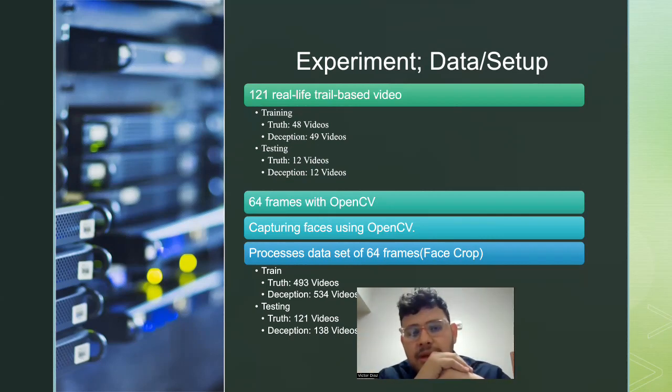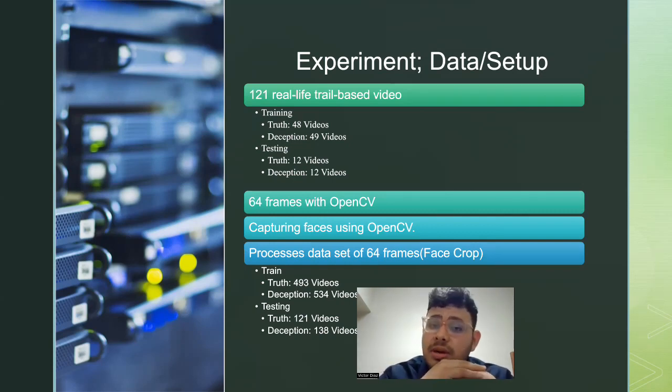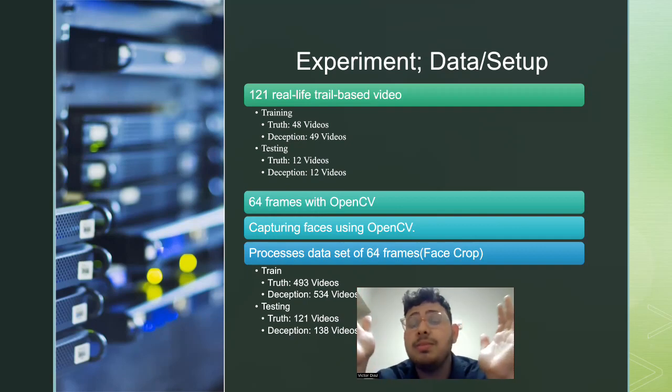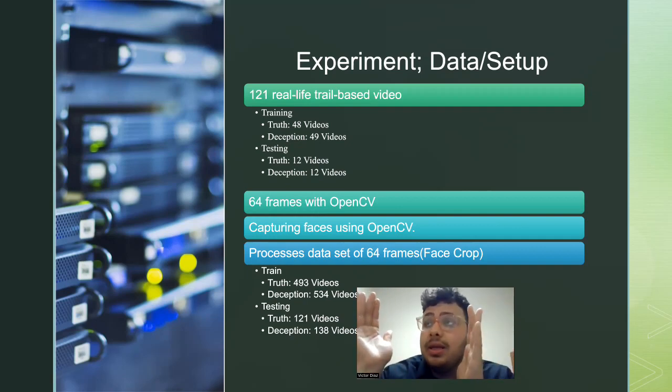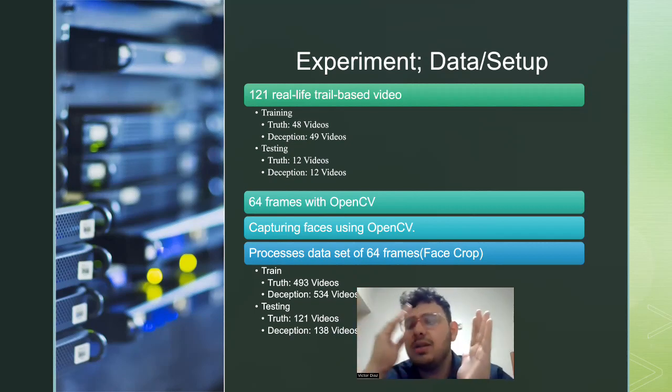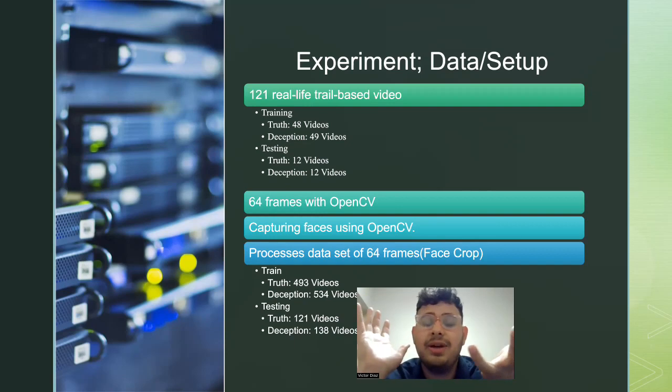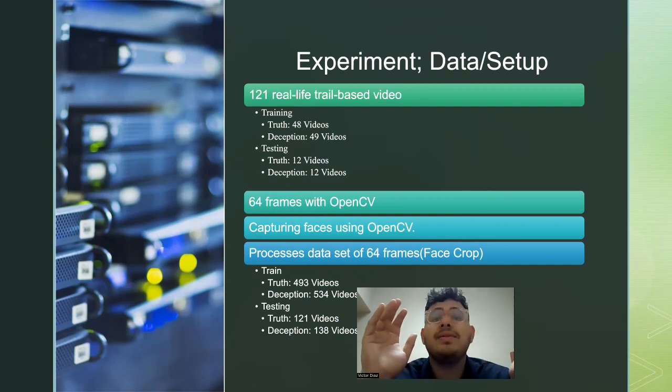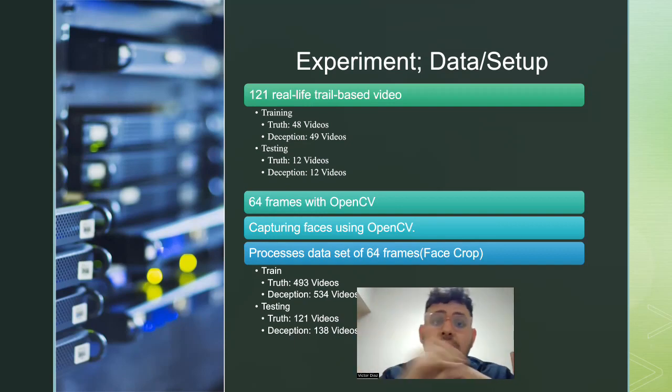For this experiment and the training system, we use 121 real-life trial-based videos, where the labeling comes from looking at the judge's decision, later interviews, and the whole frame to identify if someone was lying when taking the video or if they were telling the truth.